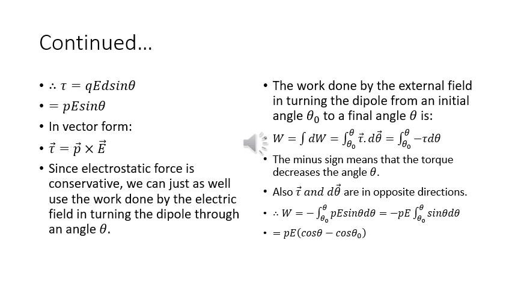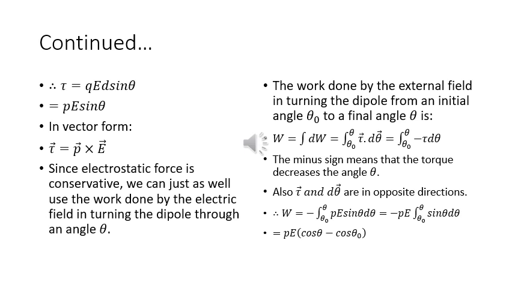Since electrostatic force is conservative, we can just as well use the work done by the electric field in turning the dipole through an angle theta. The work done by the external field in turning the dipole from an initial angle theta 0 to a final angle theta is W equal to integral dW, which is equal to integral theta 0 to theta tau dot d theta, which is equal to integral theta 0 to theta minus tau d theta.